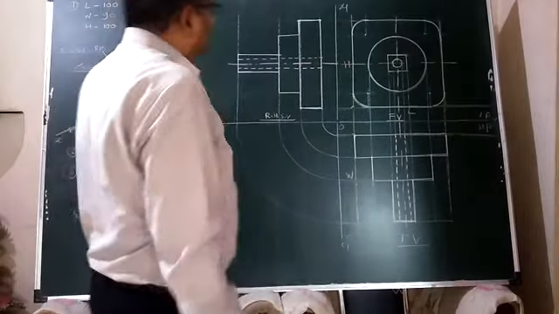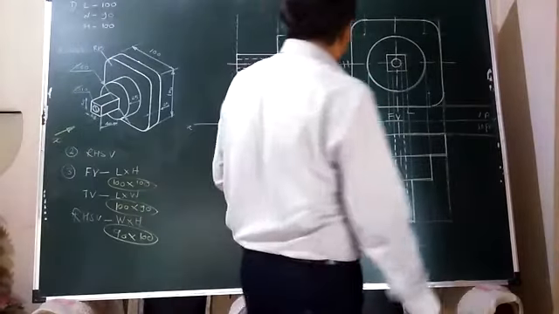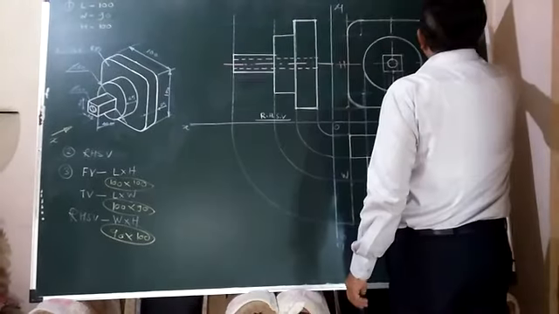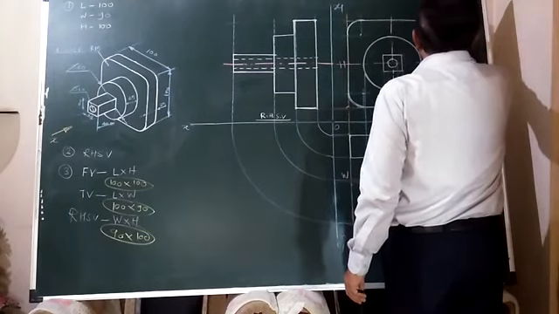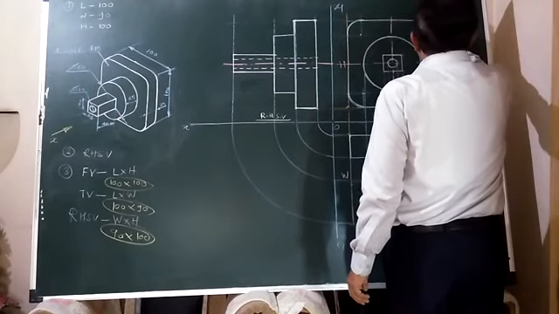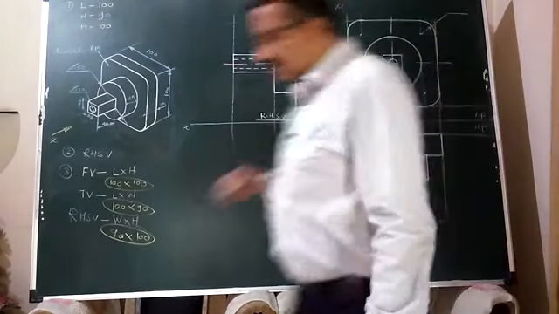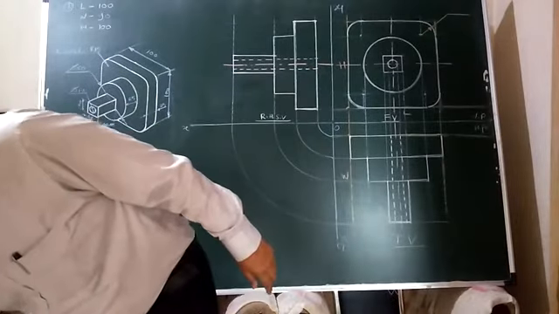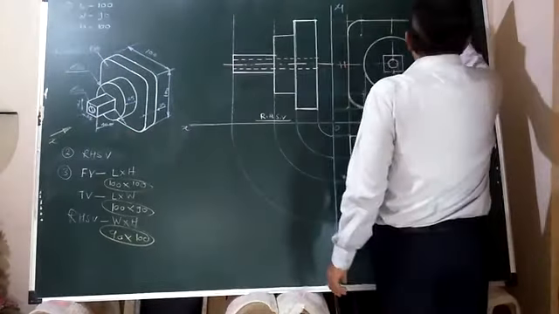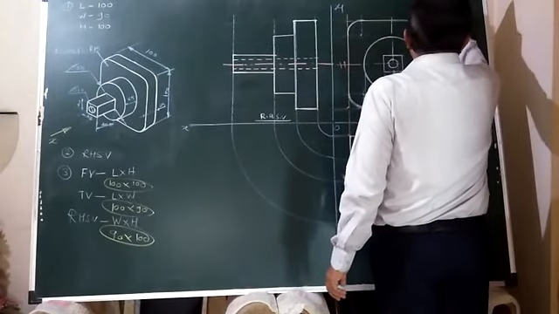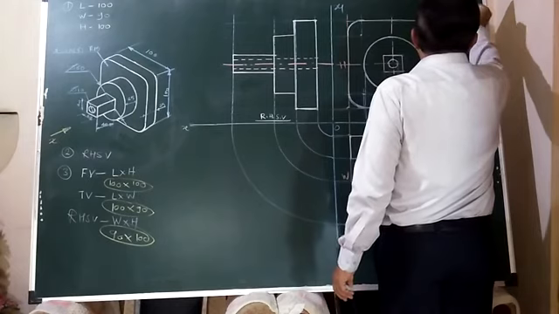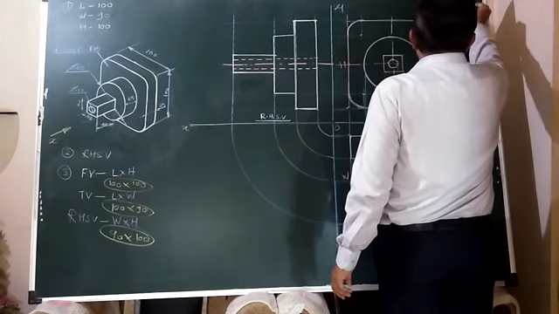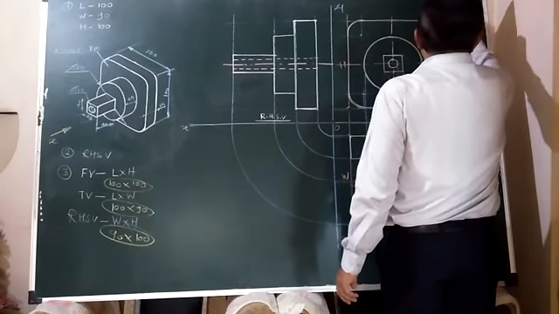So we'll start with front view. All the corners and curvatures should be shown where those are visible to the observer. Dotted lines should not be preferred for showing dimensions, that one should take care of. So R15, all corners.